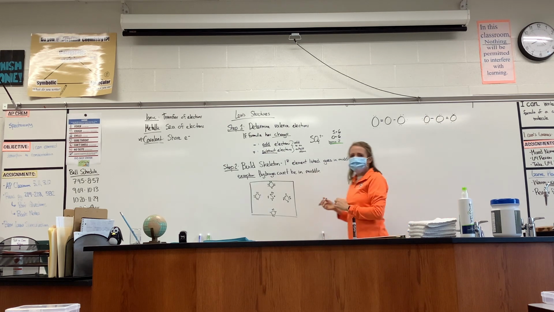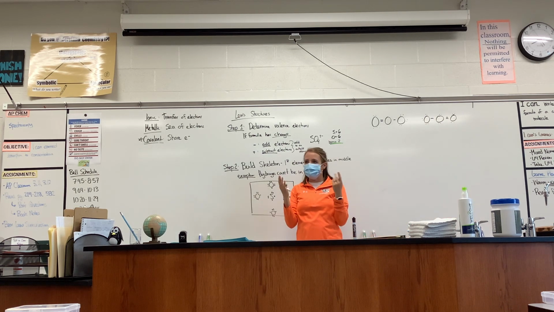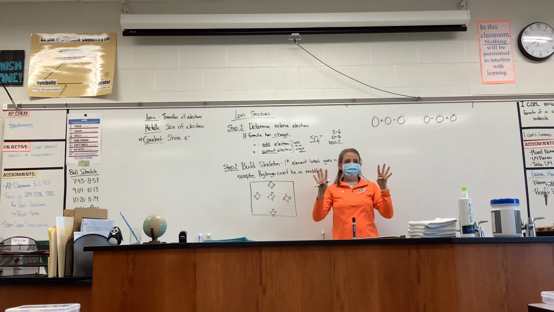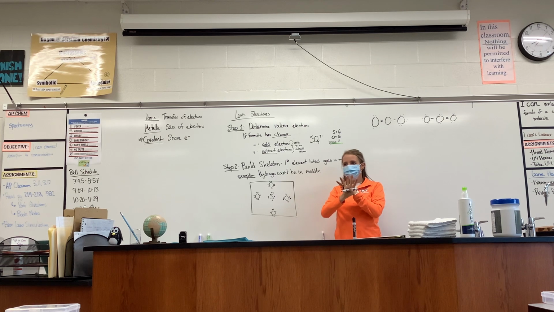A lot of times with resonance, they're just mirror images of each other, and the answer to which structure is correct is both. Because the molecule isn't this, it's not this, but it's actually a perfect blend of both.